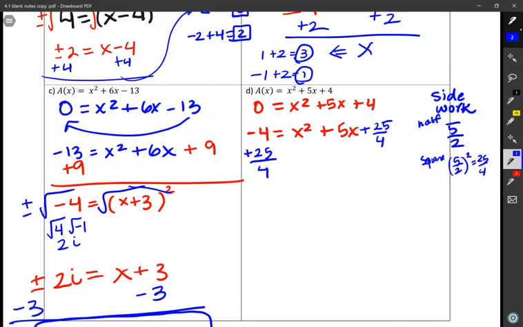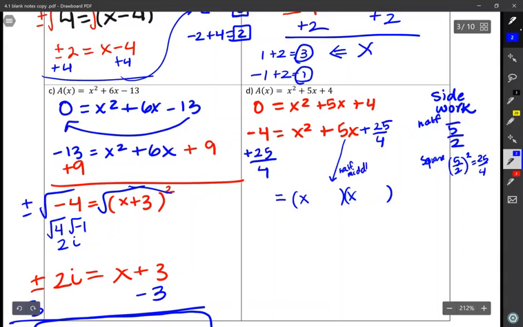All right, so for this part, this is just going to be negative 4 plus 25 over 4. You could do it with fractions or decimals, and then on this side, you're also going to complete the square. It turns out that when you factor this one, this will always be half your middle term.